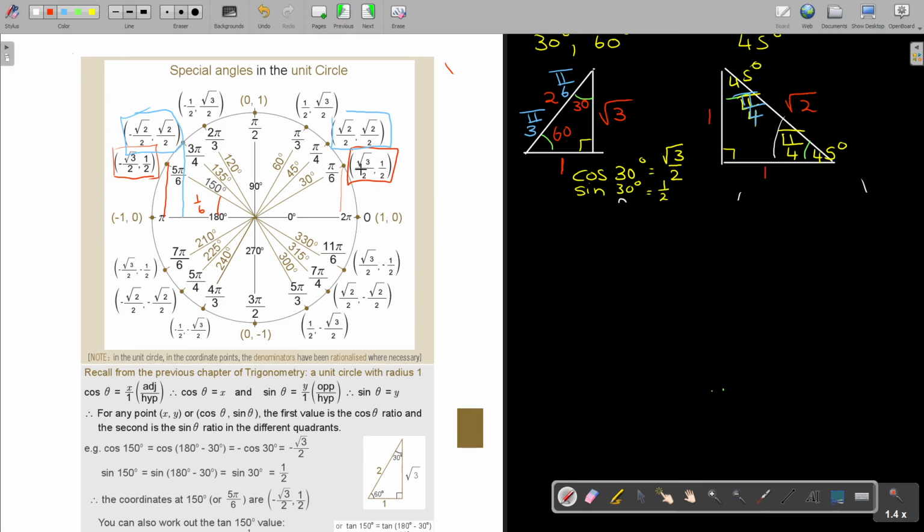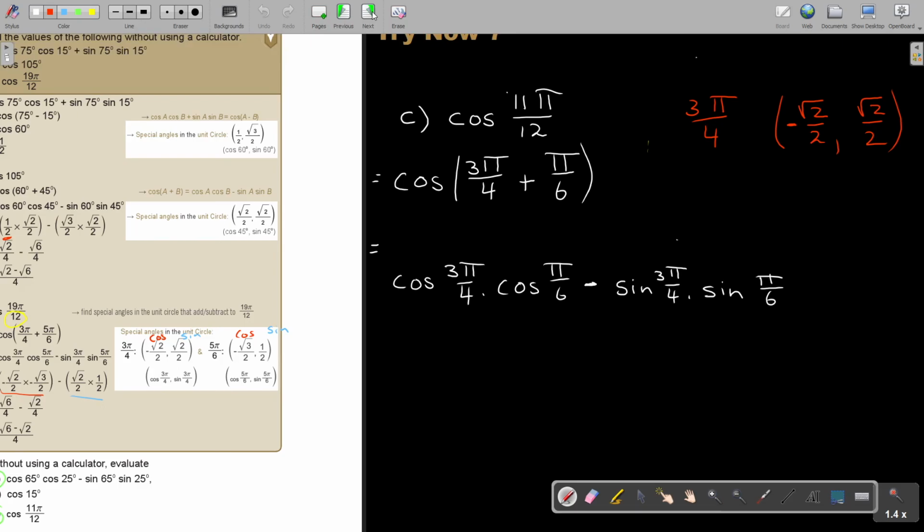Square root 3 over 2. And that is pi over 6. And this is coming from the unit circle. Just another nice way of remembering it. Okay. And this is in quadrant 1, so both will be positive. Okay. Don't forget that every time first is cos and then is sin.